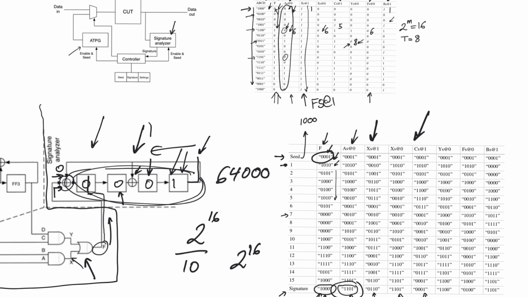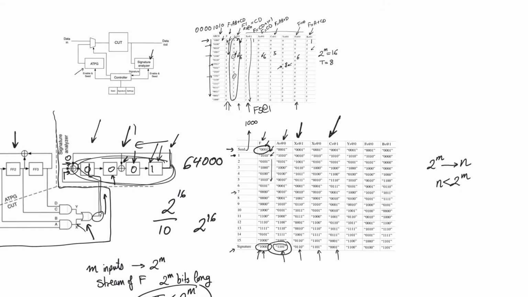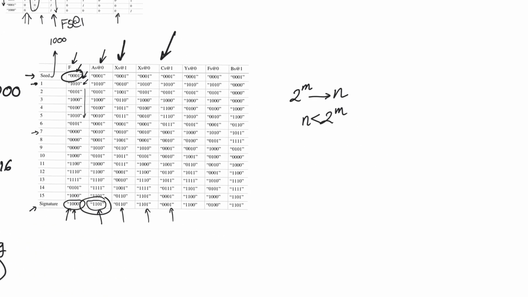So it has to give you a meaningful signature. But also, because it's a compressed signature, it will give you some false information sometimes. So you don't want that to happen very often. So there's a trade-off here between brevity, or a small signature, and the ability to distinguish which fault has occurred in the choice of the size of the signature analyzer.